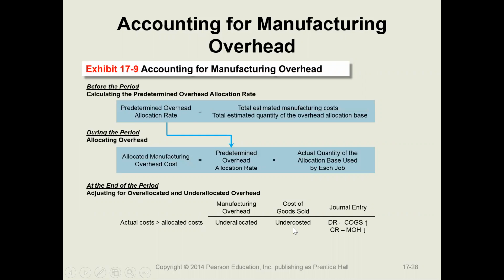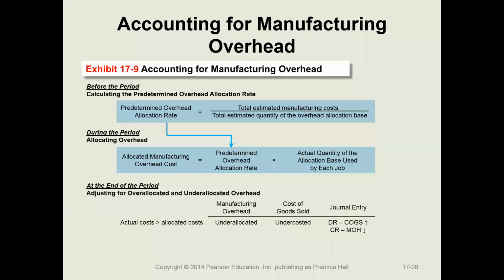So basically what happens is at the end of the month, we have to adjust our manufacturing overhead account. So if any overages are in the manufacturing overhead account due to under allocation, we offset that against cost of goods sold.